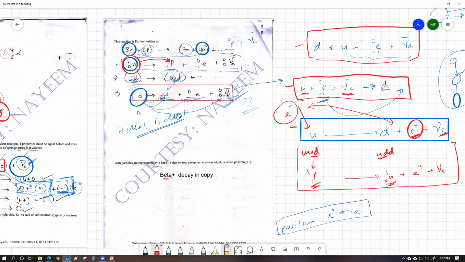This remnant core is called a neutron star. Full stop. Last sentence, write.